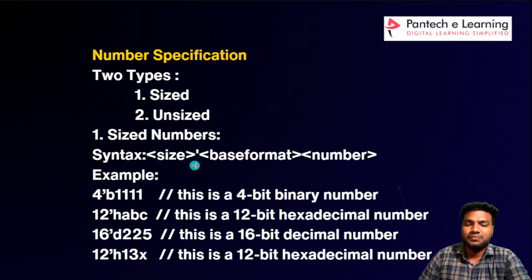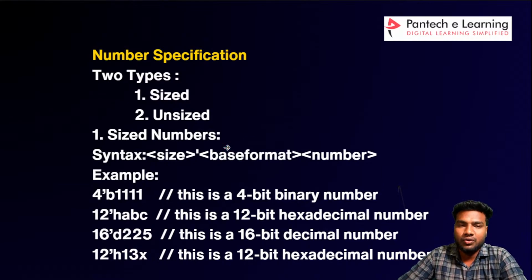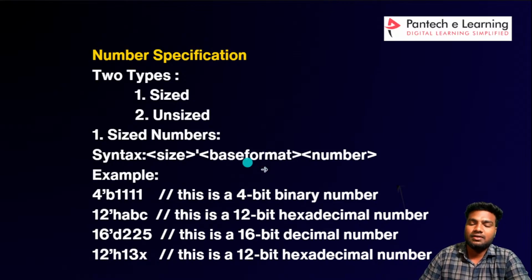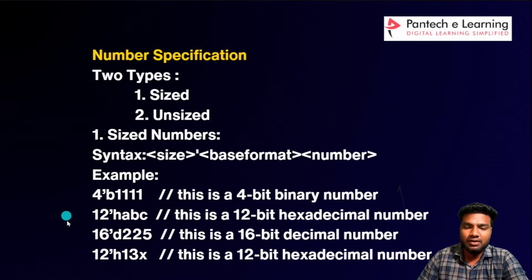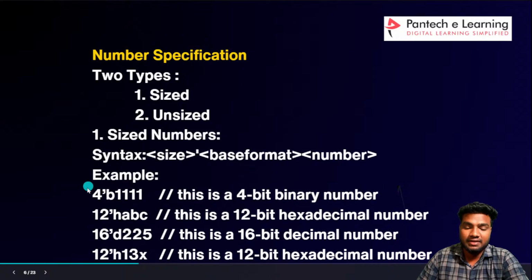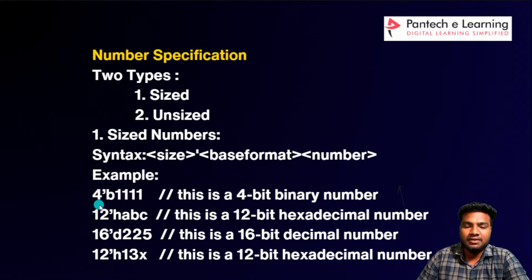Here, size comes first, then a tick, and then the base format, where you can give binary, hexadecimal, or decimal, and then the number you want to write. This is an example of number specification in sized form. Here 4 means the size.